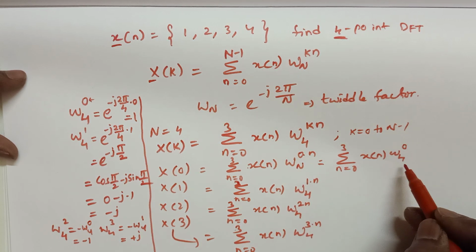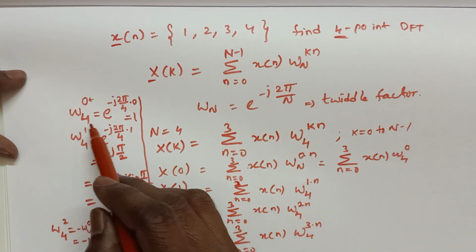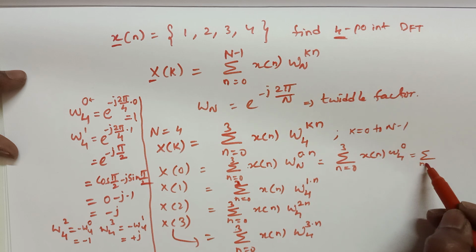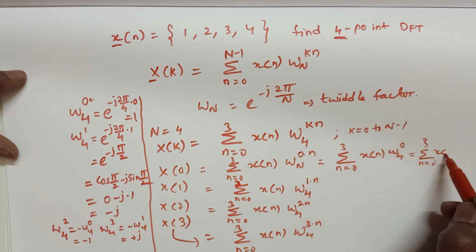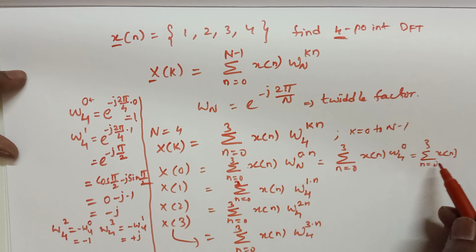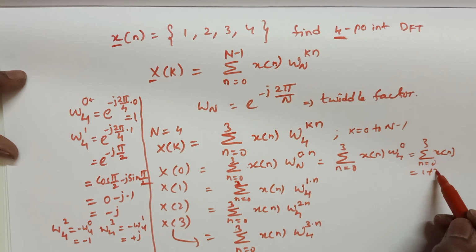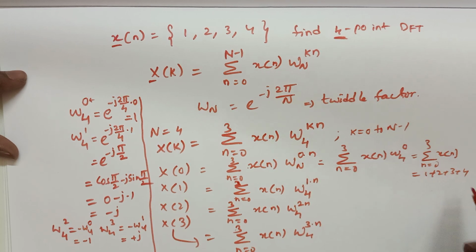So W_4 power 0 is 1 here. That is nothing but sigma n equal to 0 to 3 x of n, just the sum of all the samples in x of n: 1 plus 2 plus 3 plus 4.